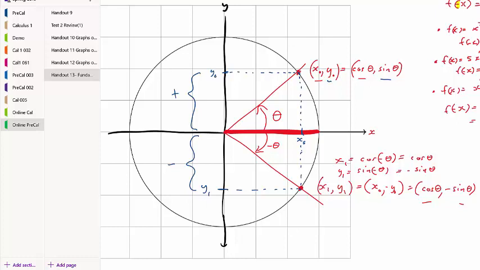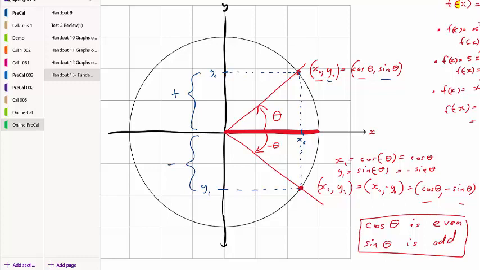So let's go ahead and write that down because that's a nice result to have. Cosine theta is even and sine theta is odd. Okay, there we go.